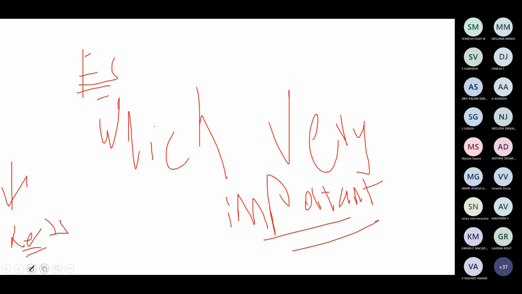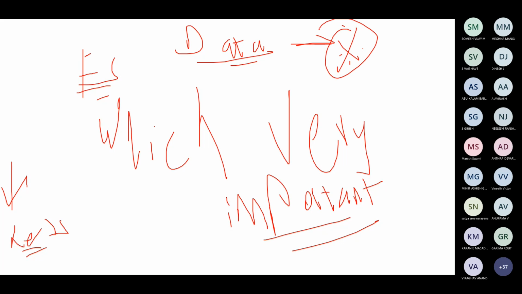Remember, students, in machine learning, data is everything. Adding more features is a problem, and leaving out data or removing features is also a problem.